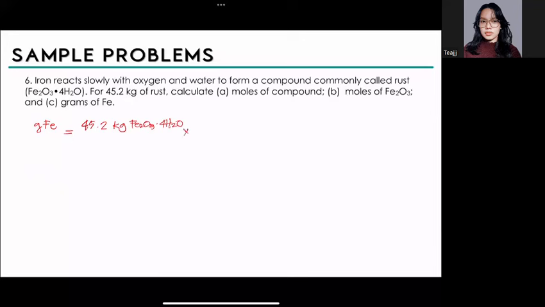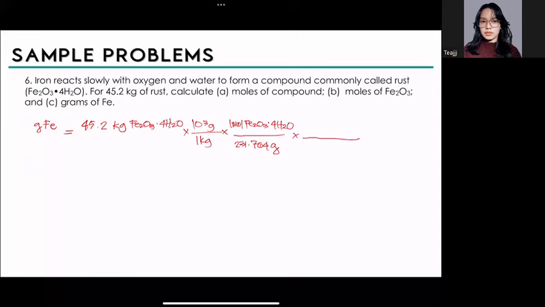So, convert kilograms into grams of Fe2O3 4H2O. Convert that grams into moles. So, what was the molar mass earlier? The molar mass earlier is 231.764 grams. So on top is Fe2O3 4H2O.